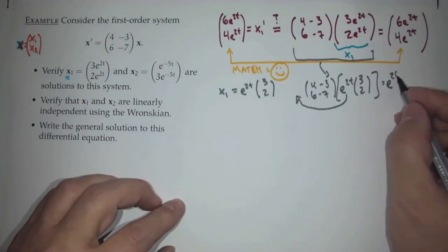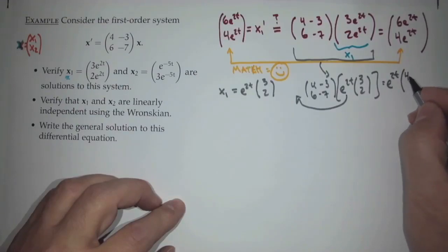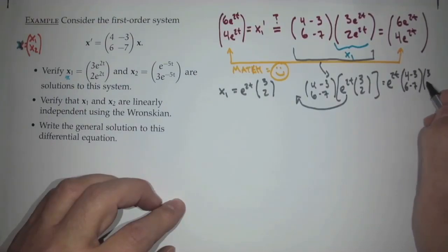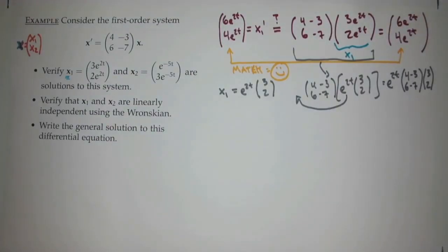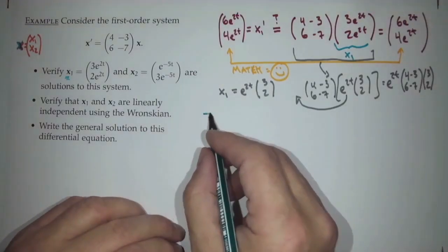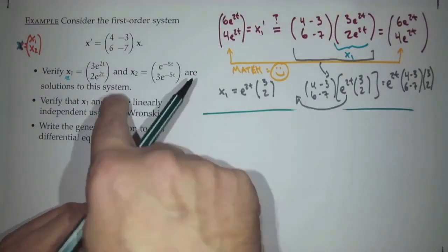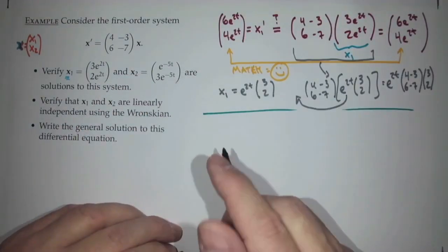So you really are taking e to the 2t times 4 minus 3, 6 minus 7, 3, 2. And now this computation looks much friendlier, because there's not as much floating around for you to keep track of. So that's an option to keep in mind. So we can pull out common factors. So let's do that as we go through and do x2, because we have to also verify x2 as a solution.